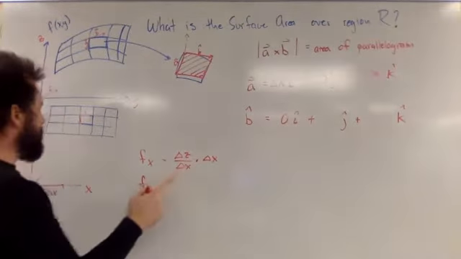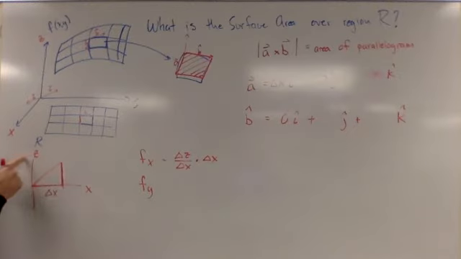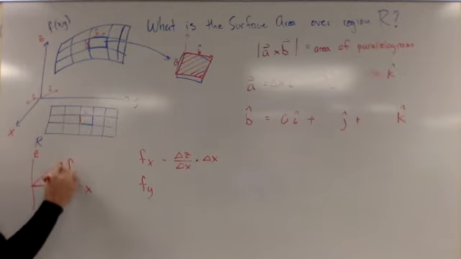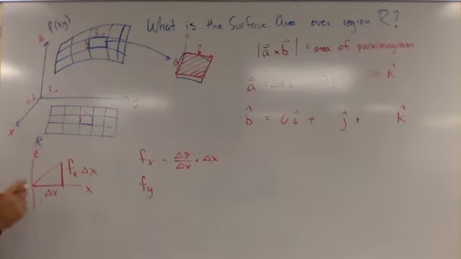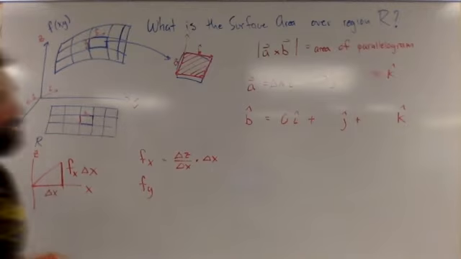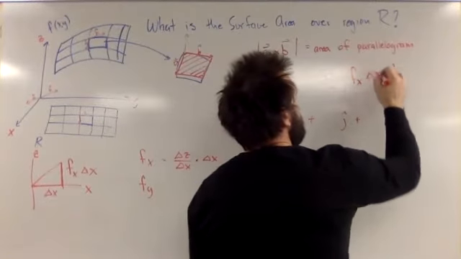So my k component, this distance right here on my z-axis, is going to be whatever my partial derivative is times delta x. That's going to give me the change in my z value. So here I'm going to write partial x delta x.